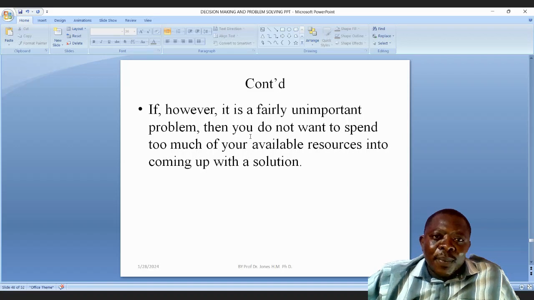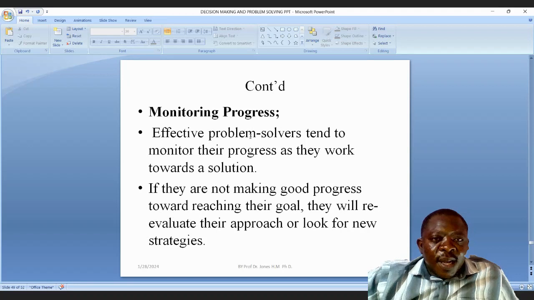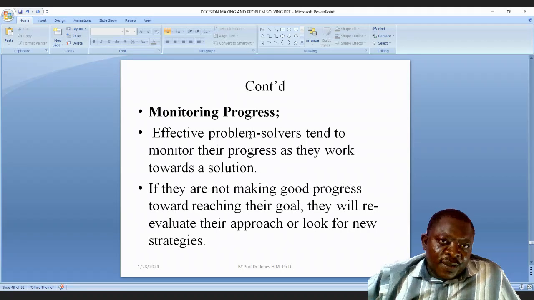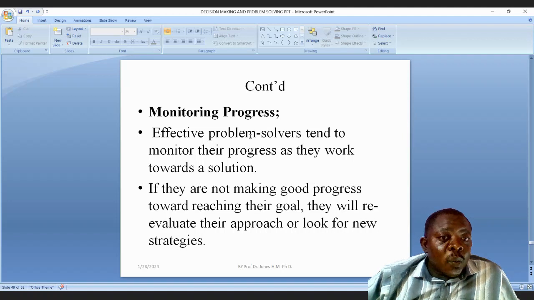Then there is monitoring progress. This should be the sixth step in problem solving. Effective problem solvers tend to monitor their progress as they work towards a solution. If they are not making good progress towards reaching their goal, they will re-evaluate their approach or look for new strategies.